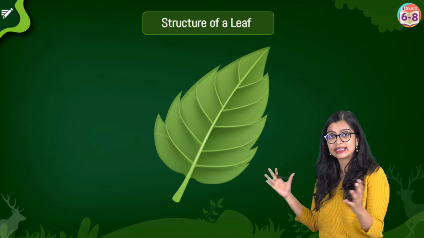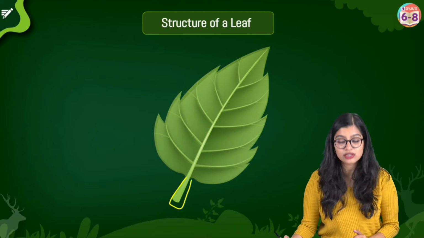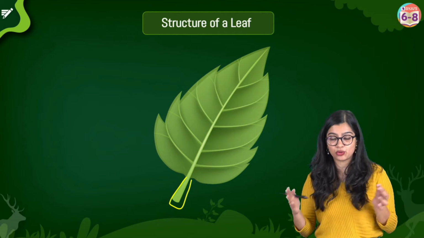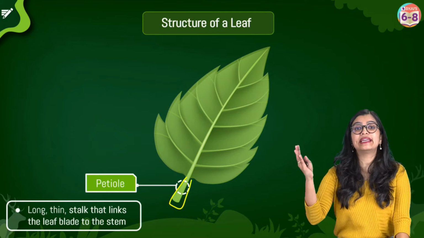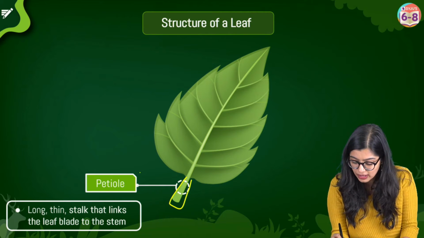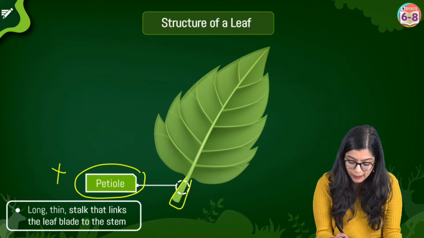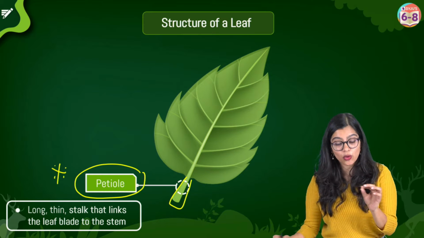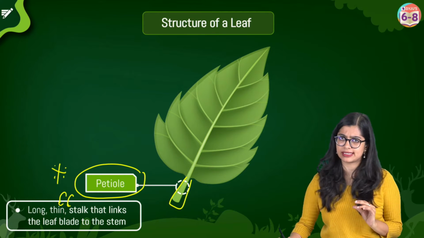These leaves are flat in structure, and we see that there is a rod or a stalk that connects the leaf to my stem. Now, this particular stalk that connects my leaf to the stem is what we call a petiole. Very, very important to remember this, right? So, a petiole is a long, thin stalk that connects your leaf to the stem.